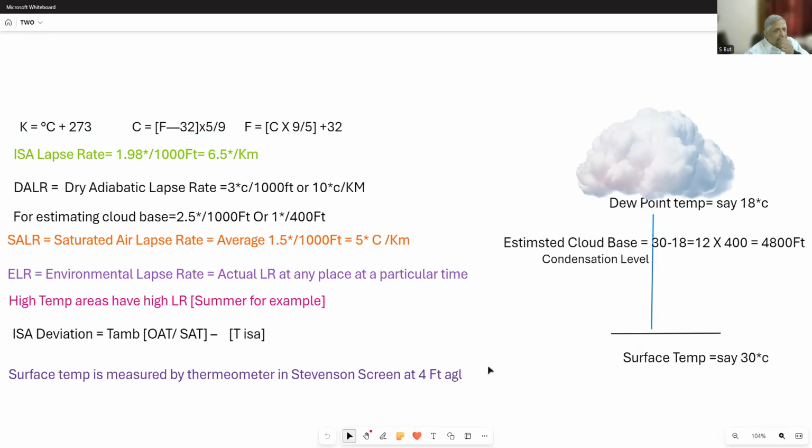Now there is a DALR, dry adiabatic lapse rate. The meteorologists calculated that when a dry parcel of air rises containing theoretically zero moisture, practically there will always be some moisture present. When it is extremely low, below a certain value, they call it dry air.